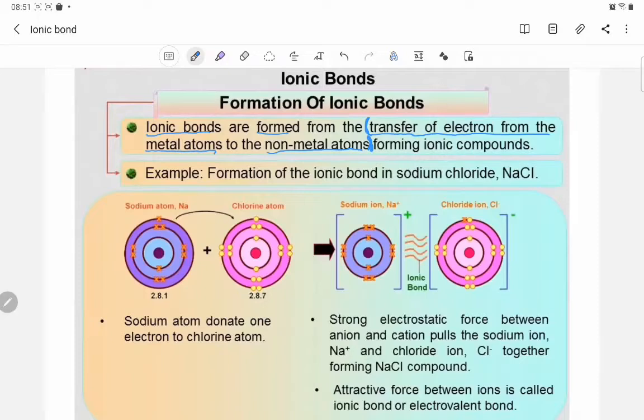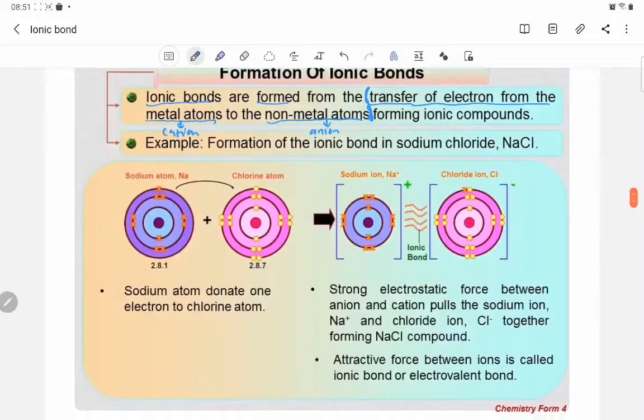As we know, after metal atoms transfer the electron, it will form cation, and after non-metal atoms receive electron, it will form anion. So let's see the example formation of the ionic bond in sodium chloride.